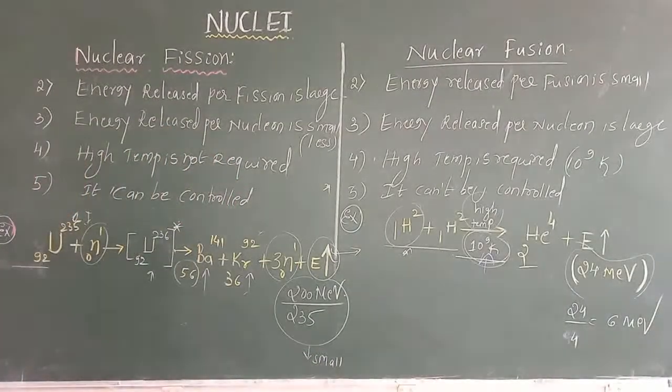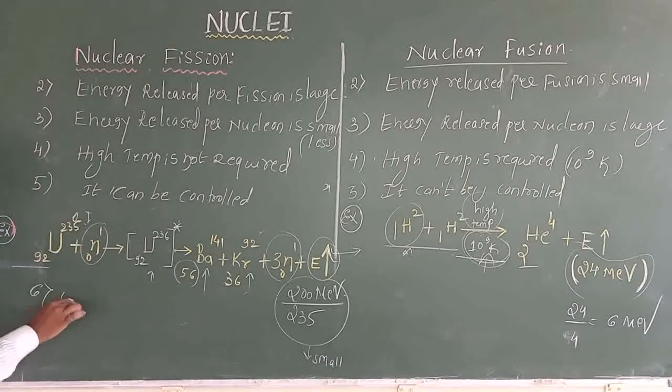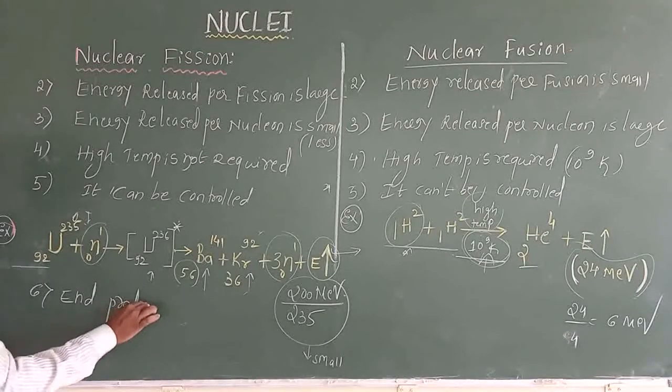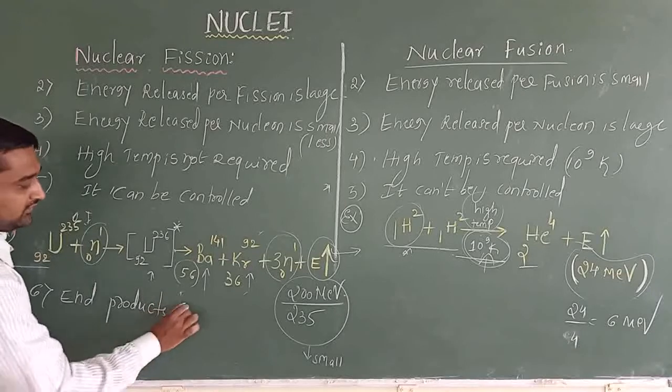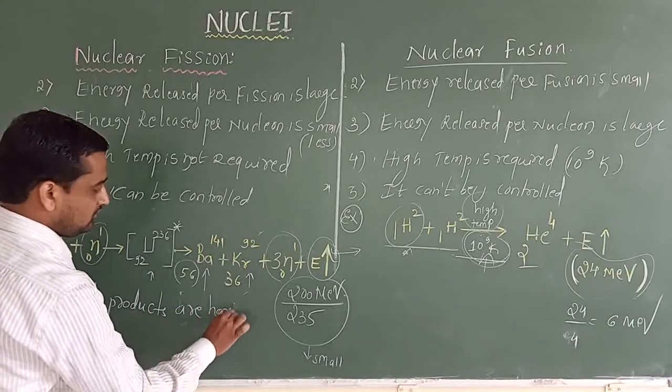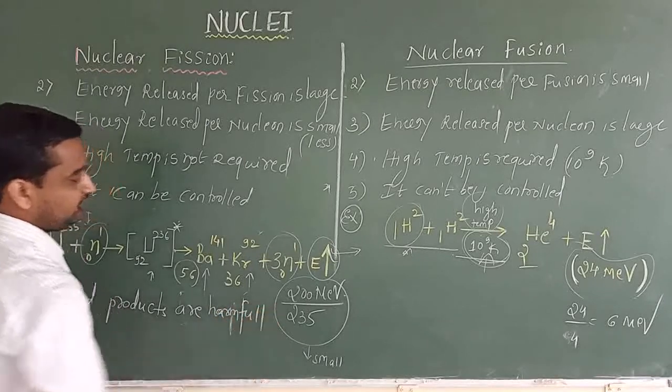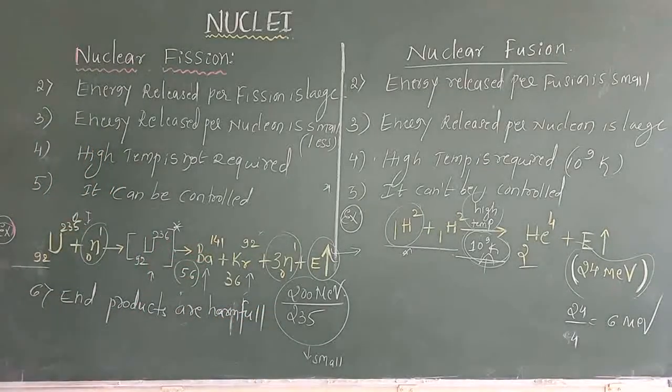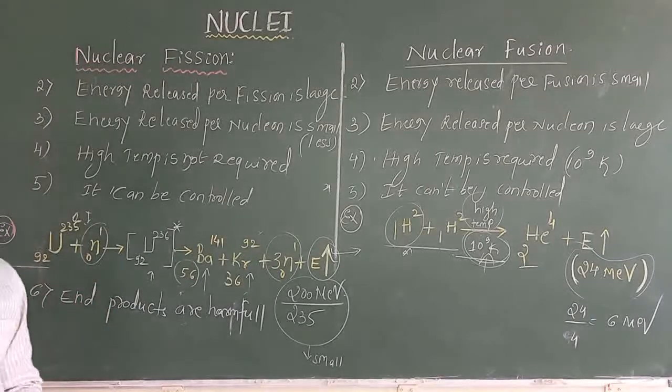One more important difference is that the end products are harmful in case of nuclear fission reactions. Whatever end products we get in fission are usually radioactive, and hence they emit alpha and beta radiations.